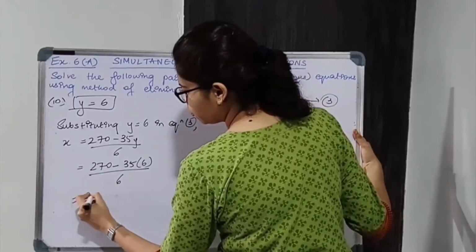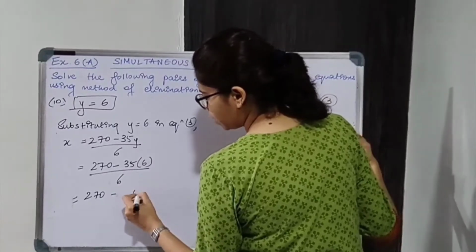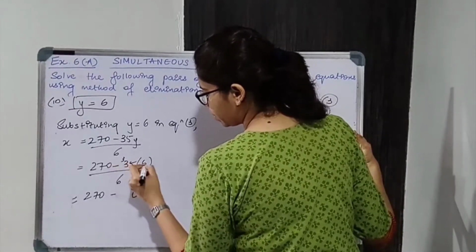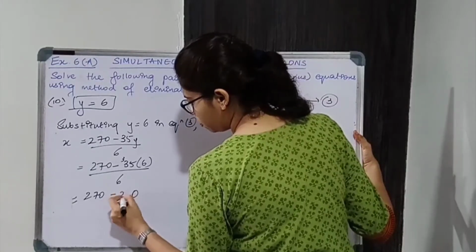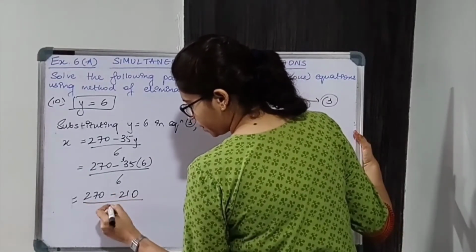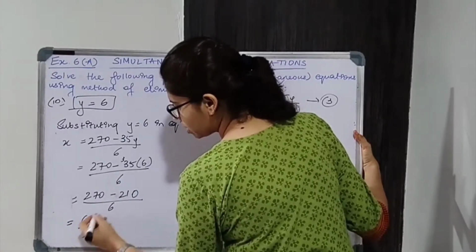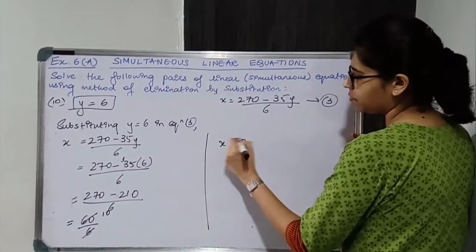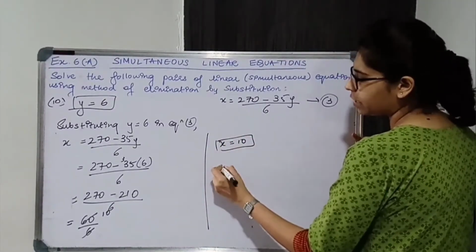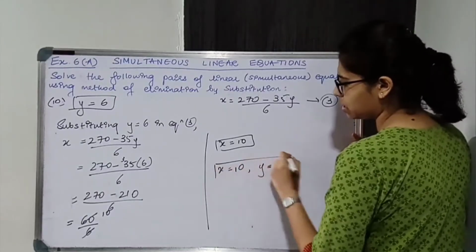So that will give 270 minus 6 5s are 30 and 6 3s are 18 plus 3, that will give 210. So this will give you 60 divided by 6, so 6 10s are 60, so x क्या मिल रहा है, 10. So write down the final answer. X is equal to 10 and y is equal to 6.